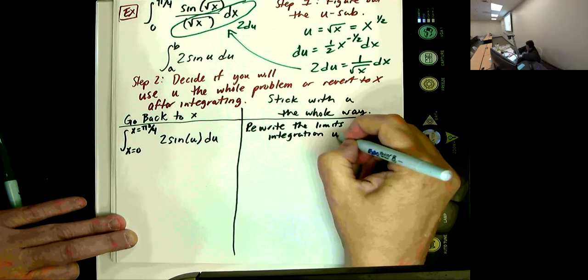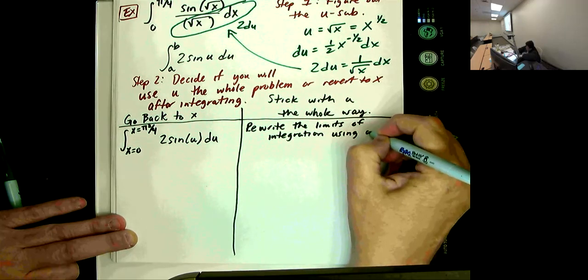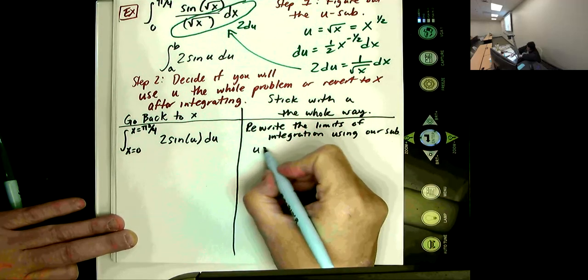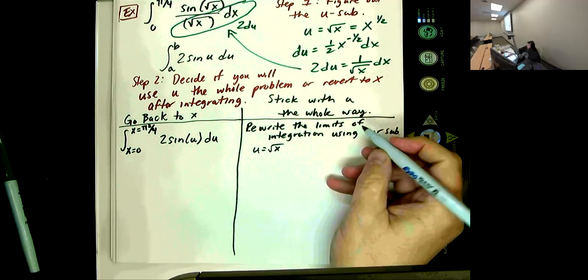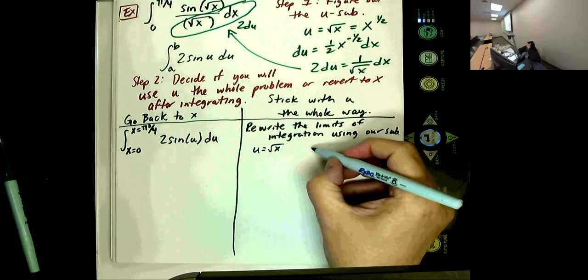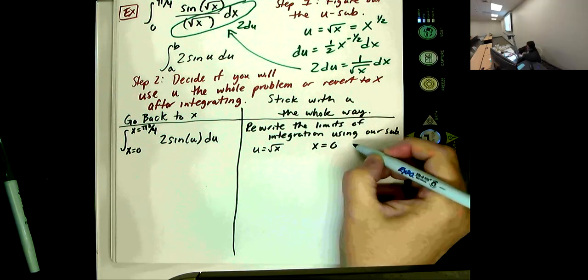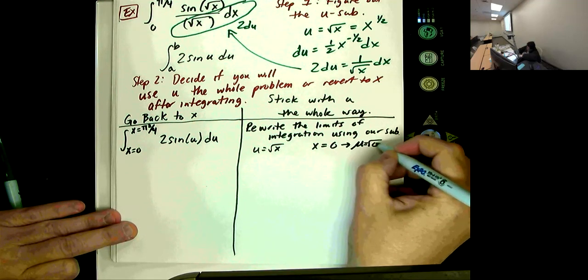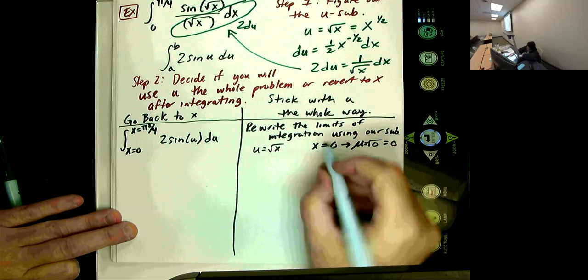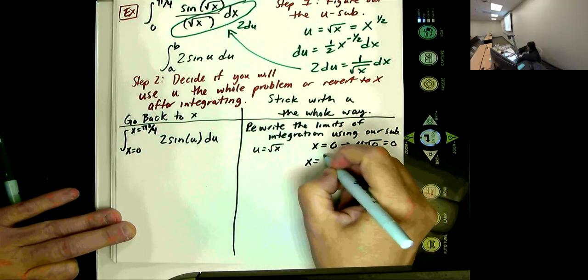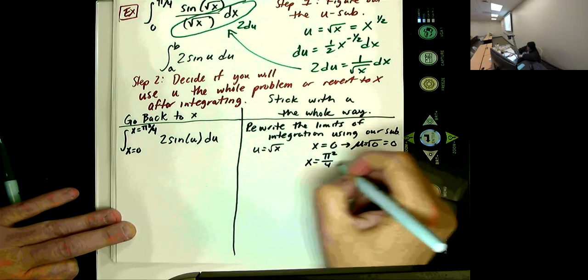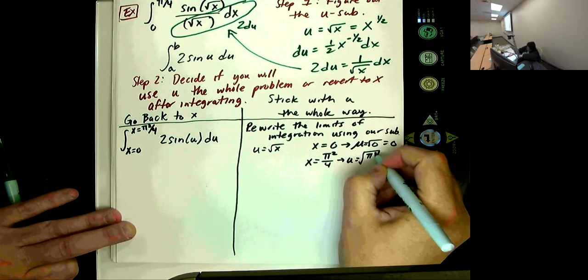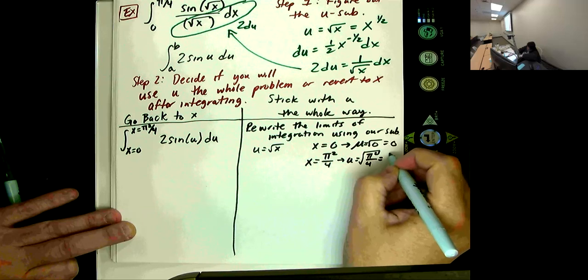Using our sub, we had u equals square root of x. So when x equals 0, u equals the square root of 0, which is 0. When x equals pi squared over 4, u equals the square root of pi squared over 4, which is pi over 2.